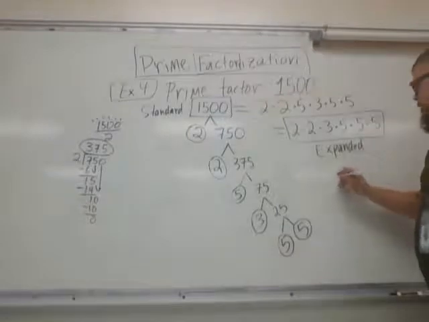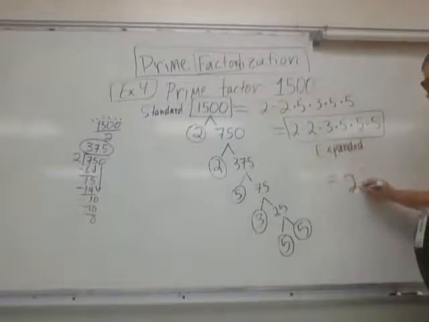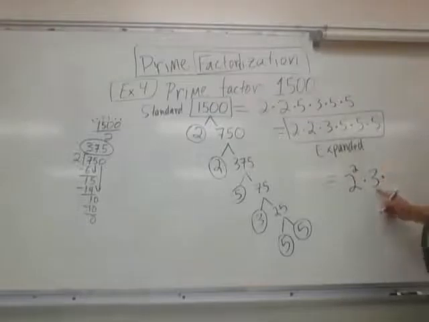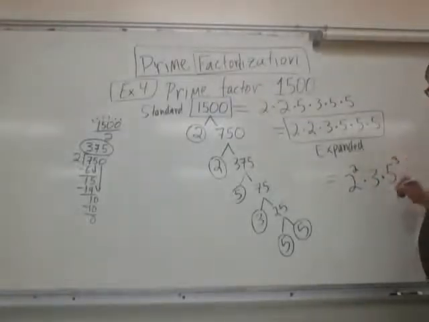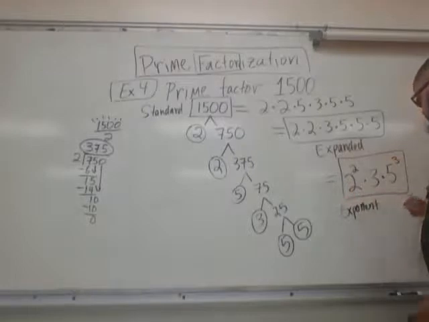And so we want to go ahead and write it in exponential form. How many 2's do we have? We have two 2's, times one 3, just one of the 3's. There's no other 3's. And how many 5's do we have? We have three 5's. So this is exponent form.